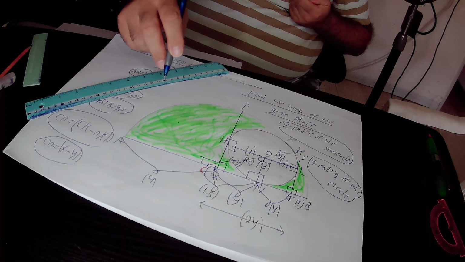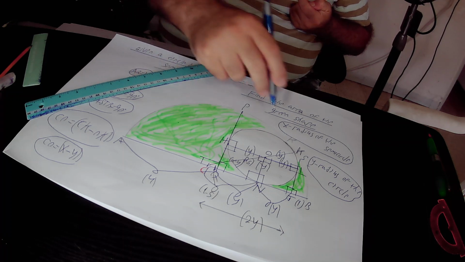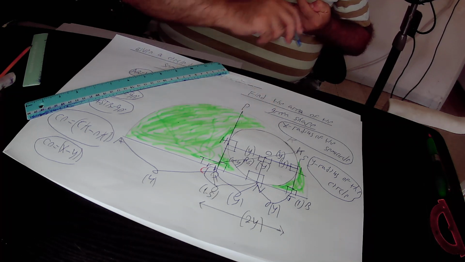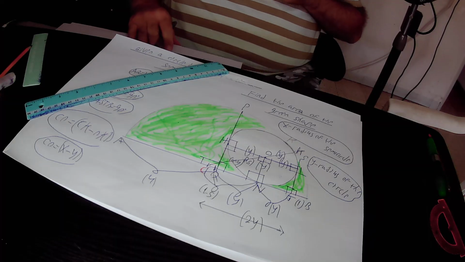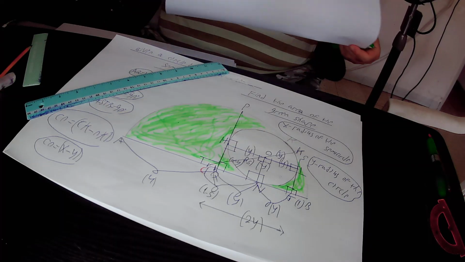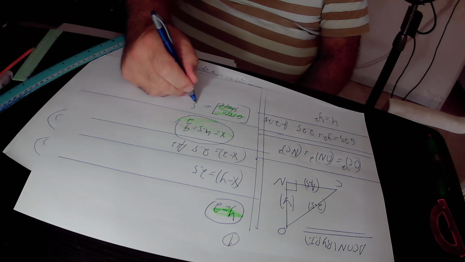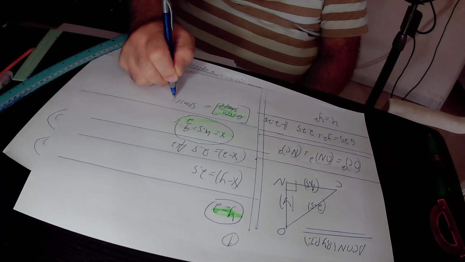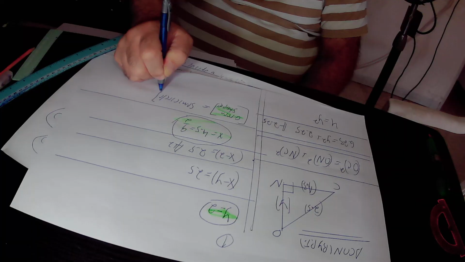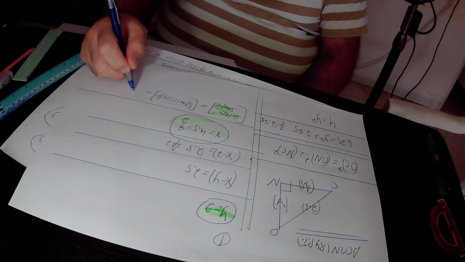Again, the area of the green shape in total equals the area of the big semicircle minus the area of the small circle.